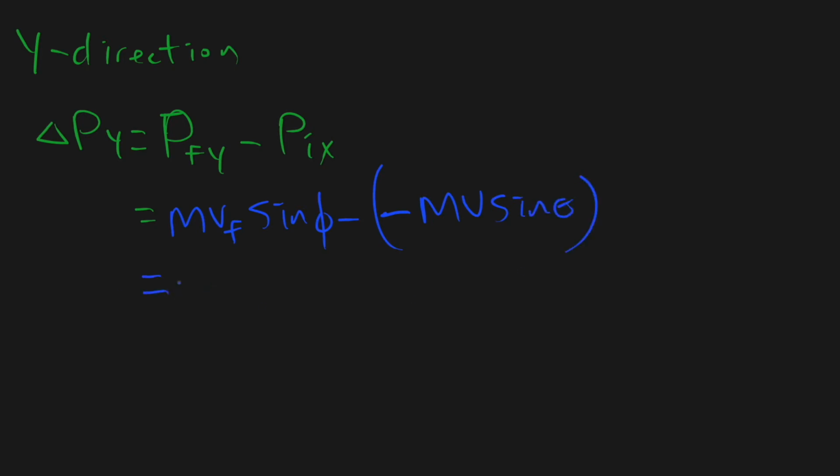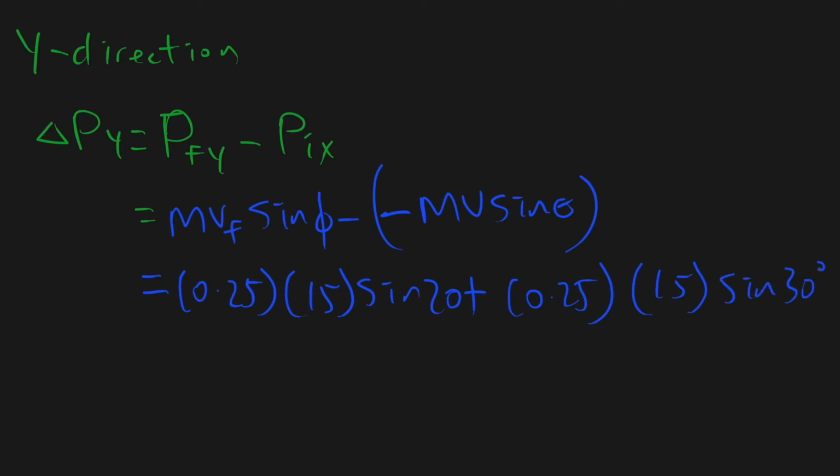This equals 0.25 times 12 sine 20 plus, since minus a negative sign becomes positive, 0.25 times 15 meters per second times sine 30 degrees. This is equal to 2.9011.